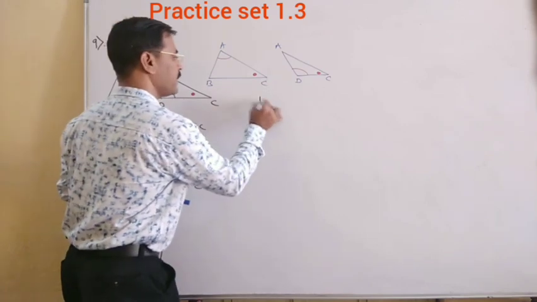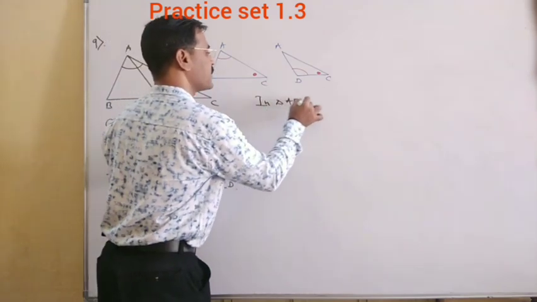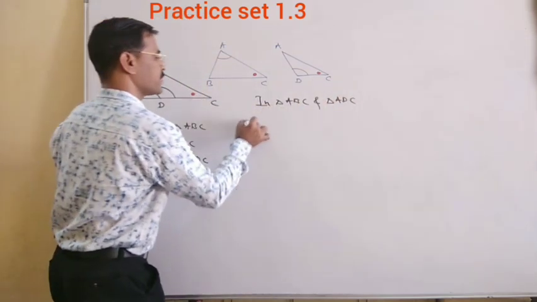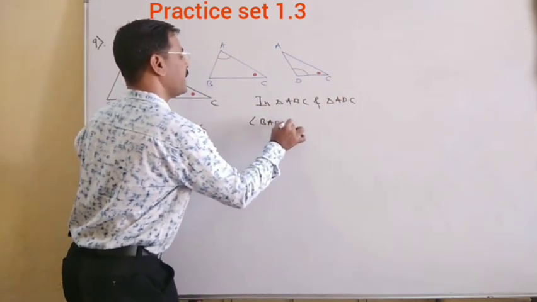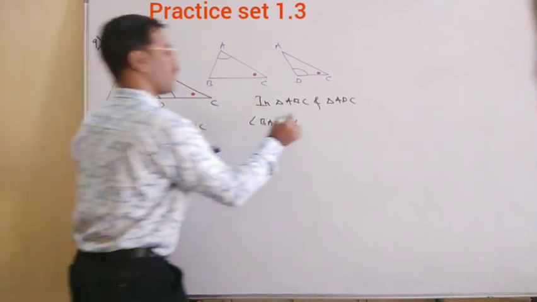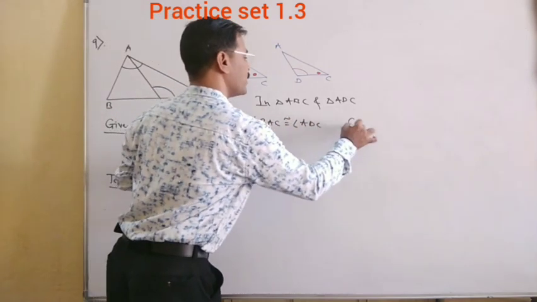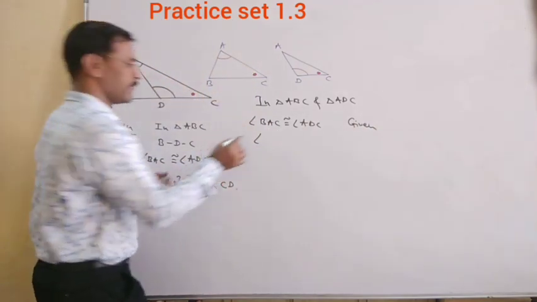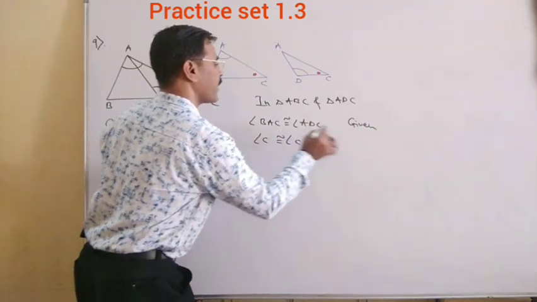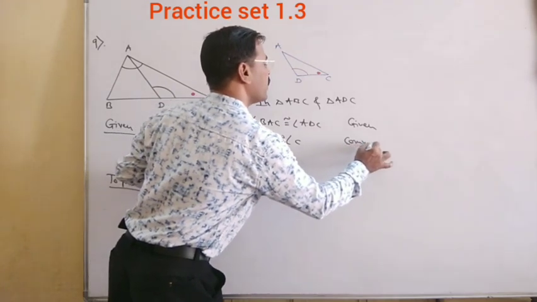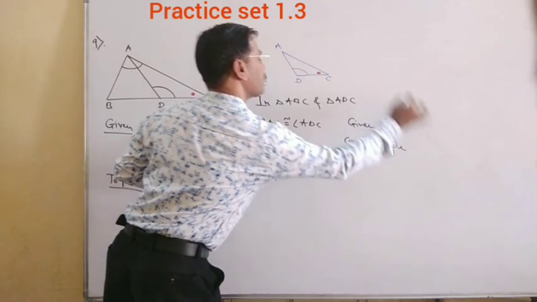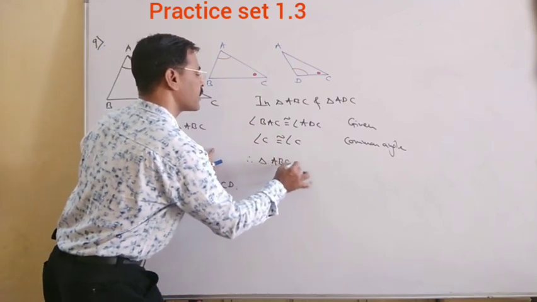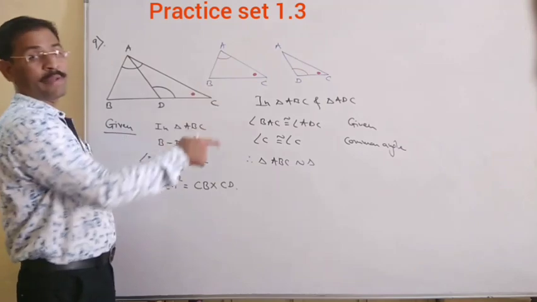Look here, we'll write the proof part. In triangle ABC and triangle ADC, first, angle BAC is congruent to angle ADC, which is given, and angle C we can write by one letter. Angle C is congruent to angle C, common angle. Therefore the two triangles become similar. Don't copy as it is.